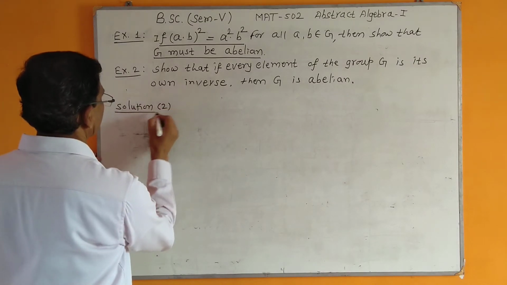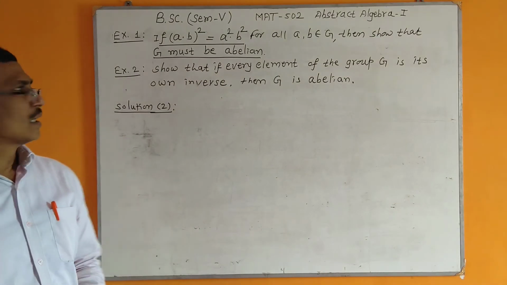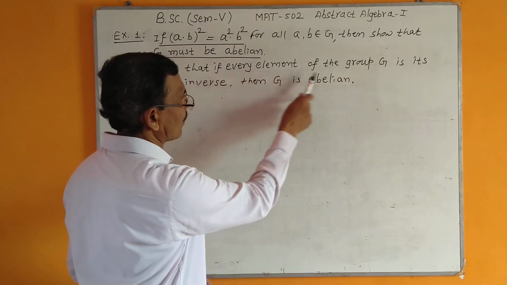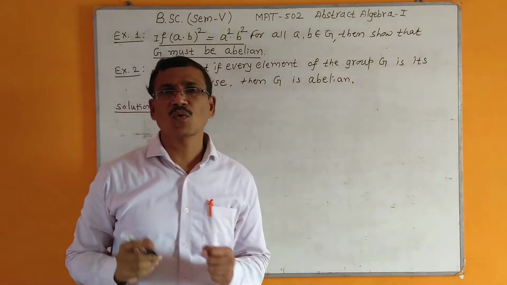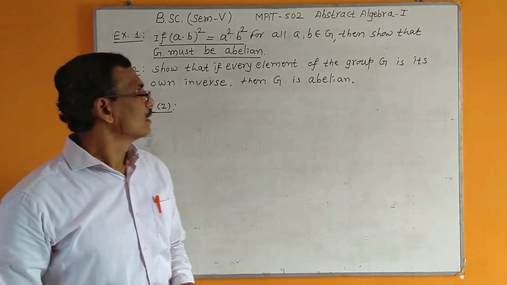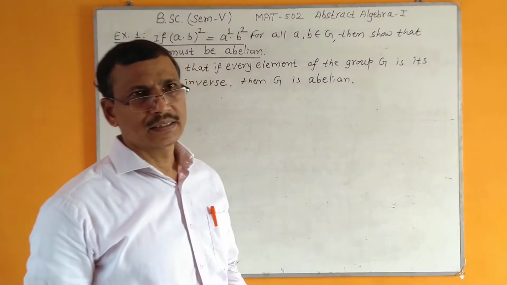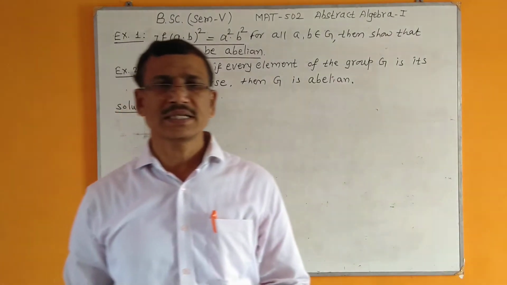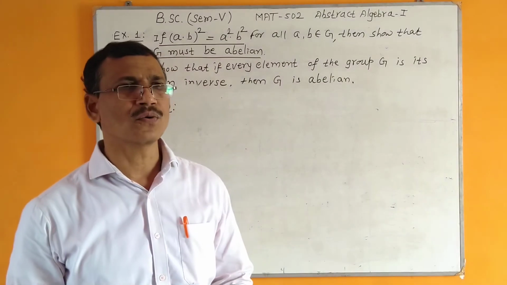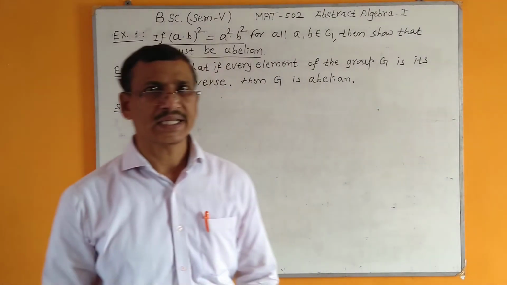Solution of the second. Now here we have to prove that if every element of the group G is its own inverse, then G is abelian. Again we have to prove that in a group G, the commutative property is satisfied.